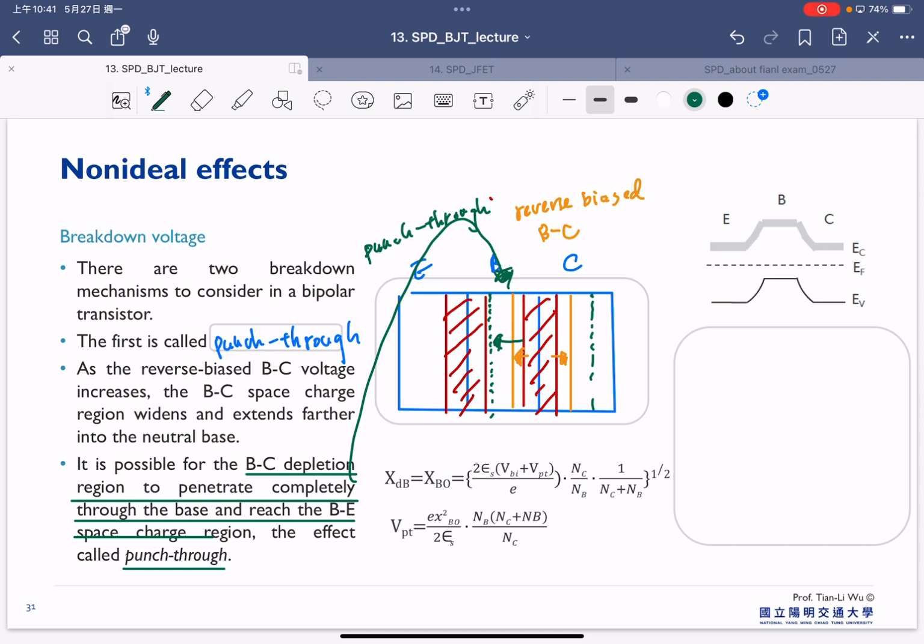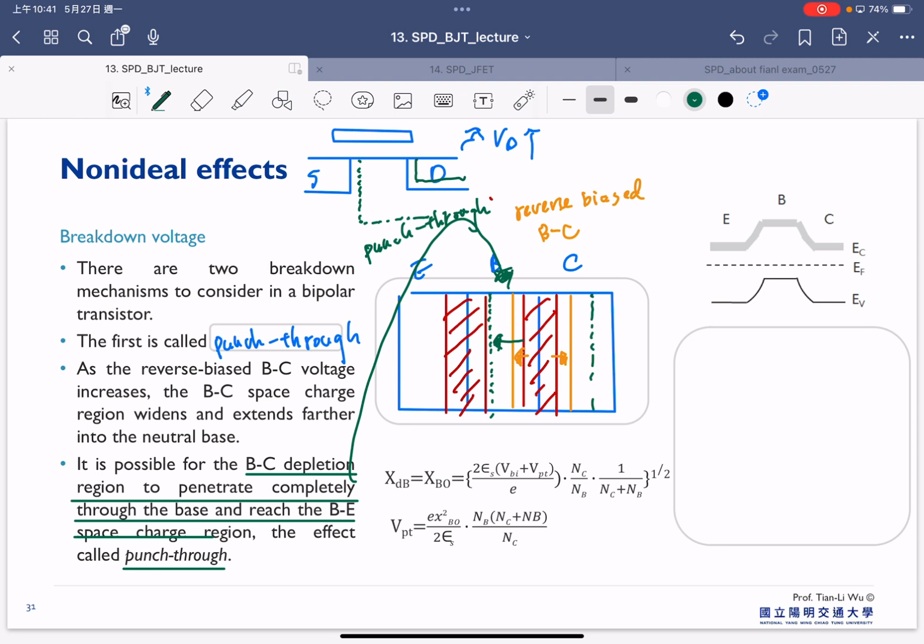And as I said, the punch through effect was also mentioned in the case of the MOSFET. Once you increase your drain bias here, we all know the depletion region in the drain junction and also the substrate can be extended, right?